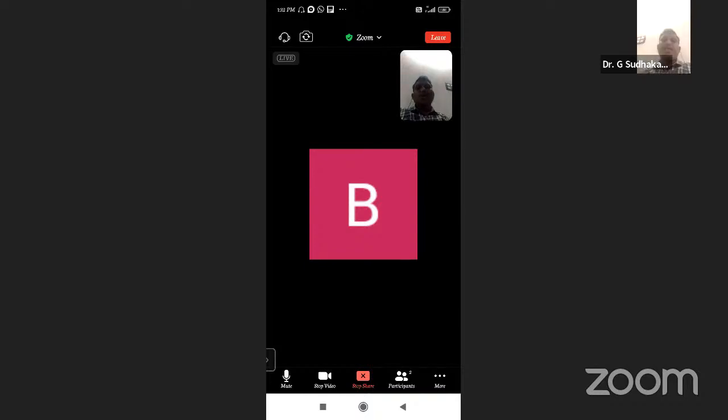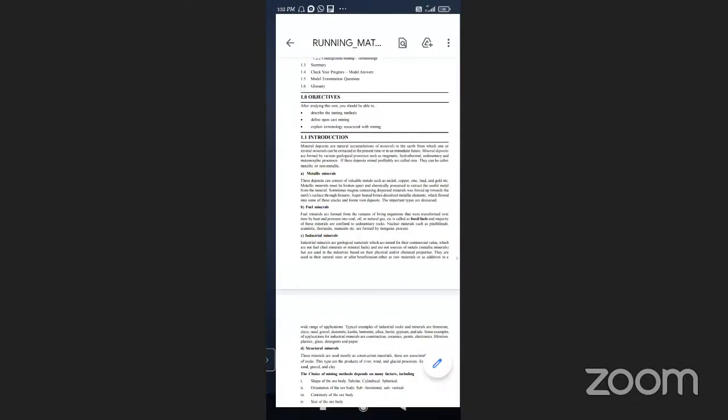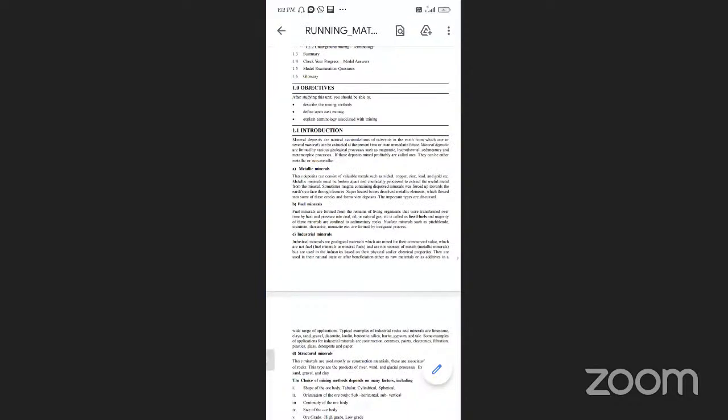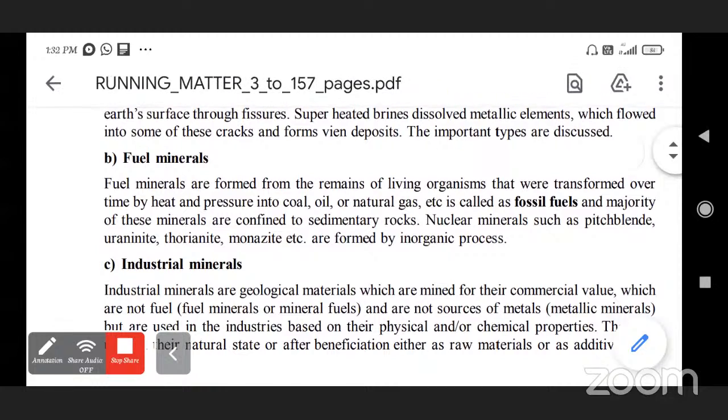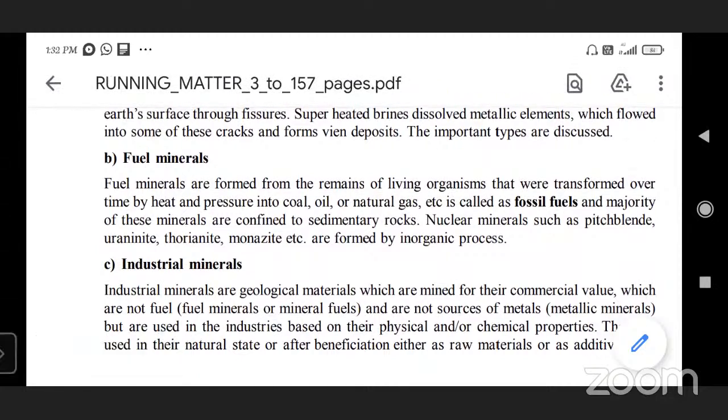The fossil fuels are formed by the remains of plant and animal organisms when they are transformed over time by heat and pressure, converted to coal, oil, as well as natural gas, etc., which are called fossil fuels.